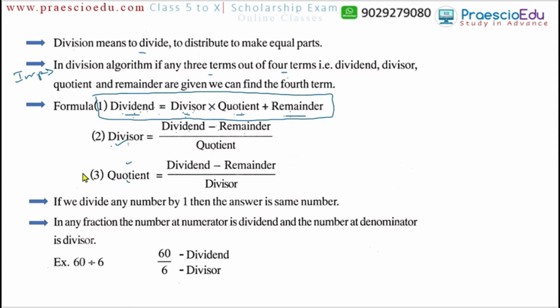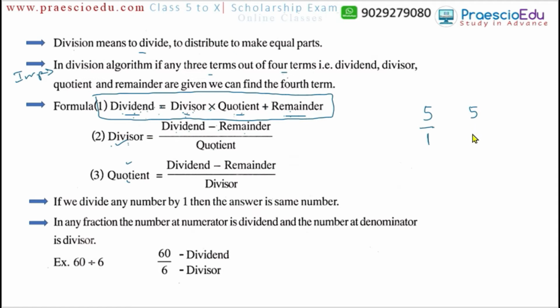If we divide any number by 1, then the answer is the same number, of course. Suppose 5 upon 1 means 5 divided by 1, but we never write it like this. Only when we require this format in fractions or with addition do we write it; generally we only write 5.